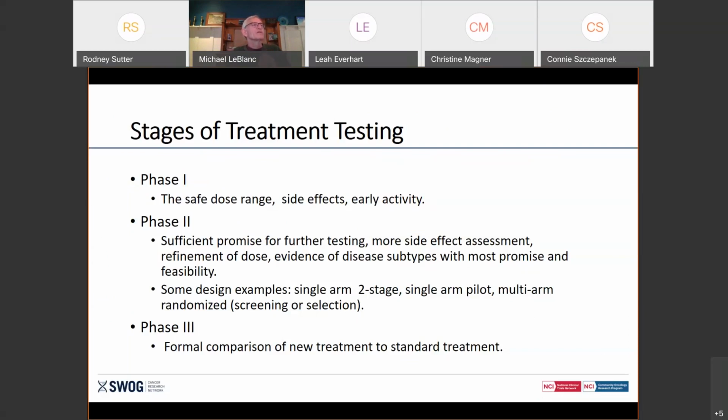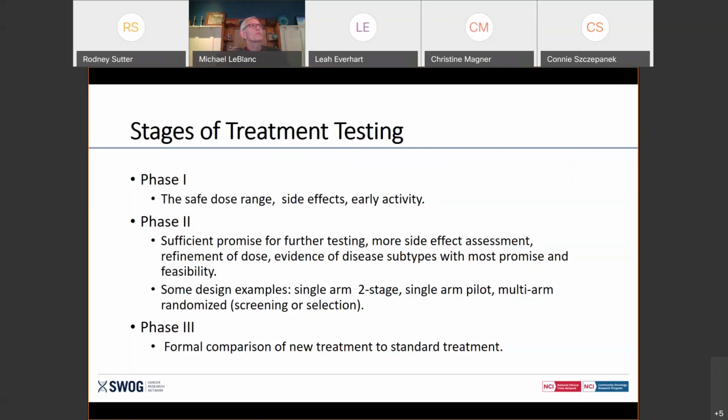Phase 2 studies, we're looking for more side effect assessment, refinement of doses, finding disease subgroups where we think there's the most promise. Some examples of the types of studies that you'll be putting patients on are single-arm studies, 2-arm randomized studies, other sorts of studies in that group. And then finally, the phase 3 study, that's where we do the formal comparison of new treatment to standard.